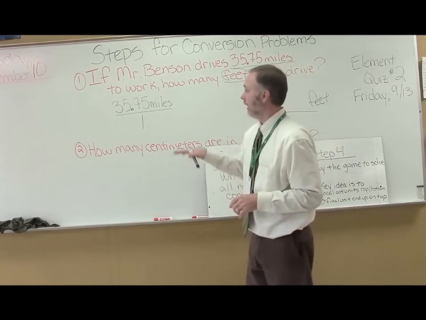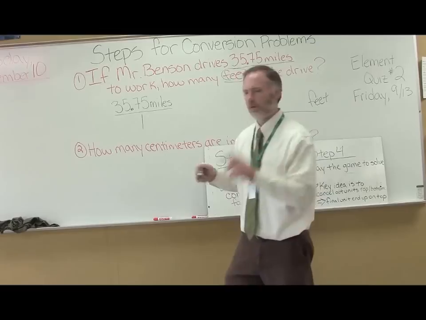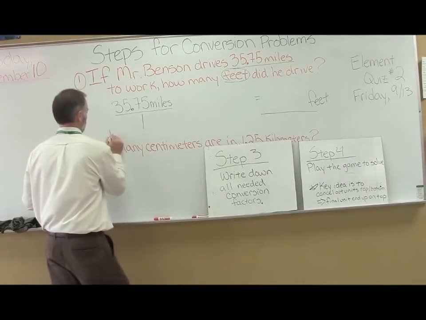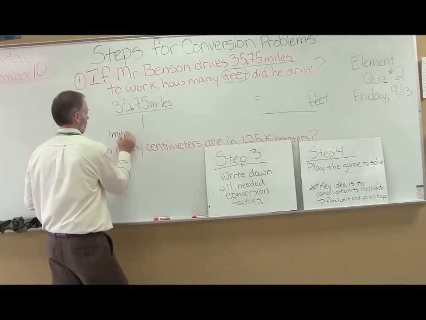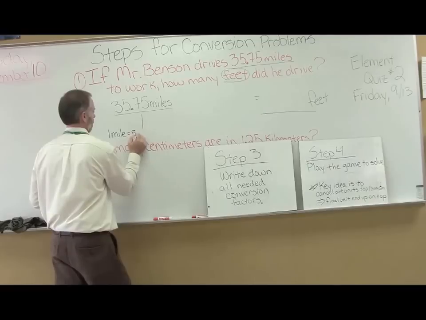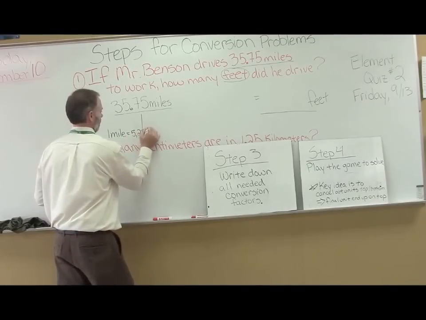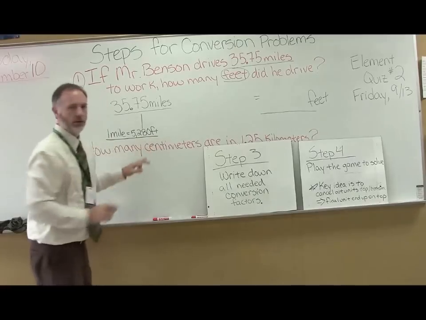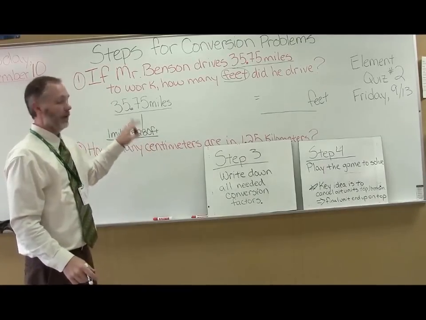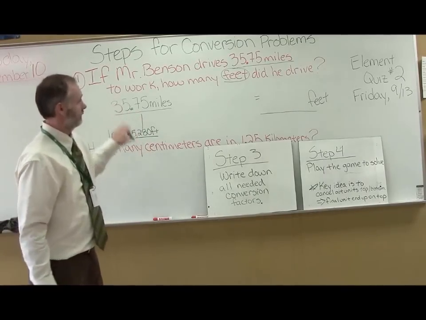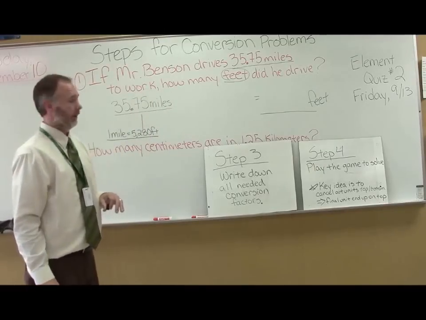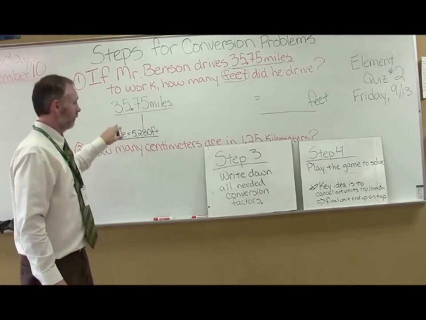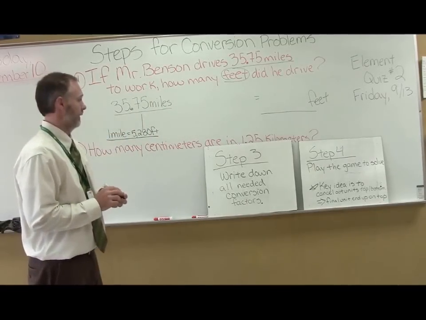So what I do is I write it either to the side or underneath here, that's my game piece that I use to play my game to get from miles to feet. Okay? This conversion factor is the important piece in our game.